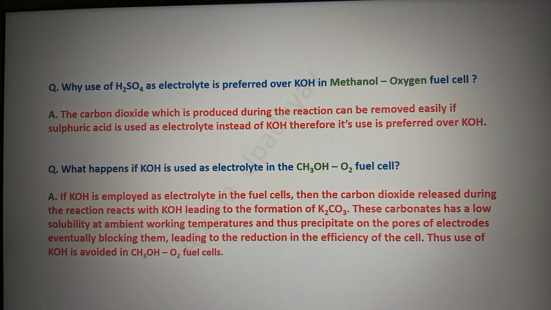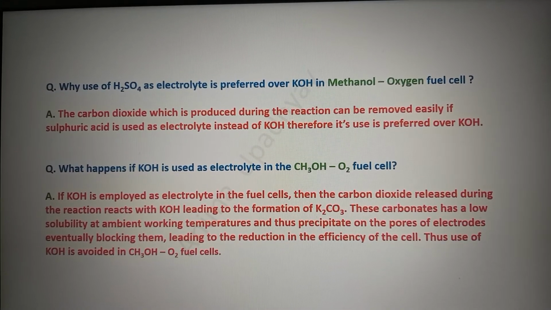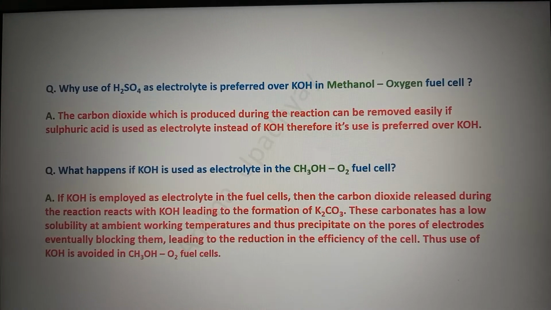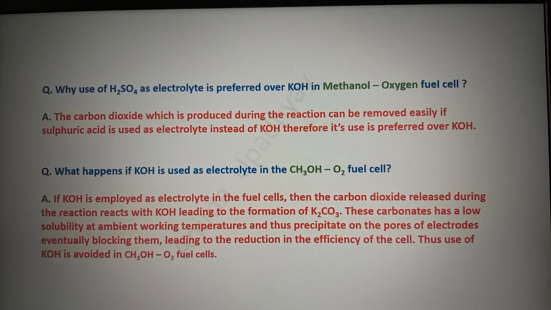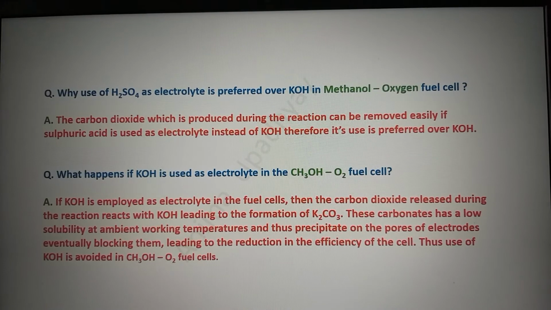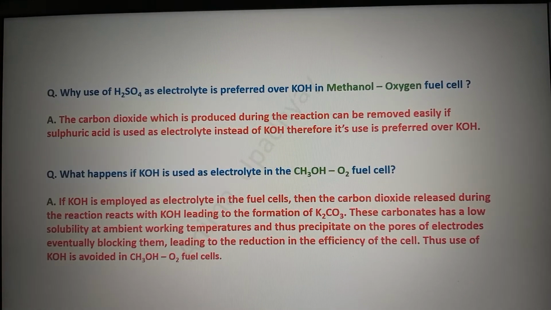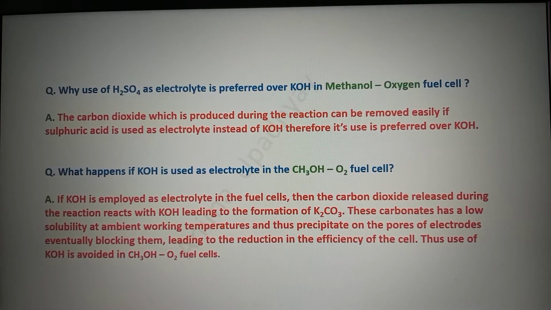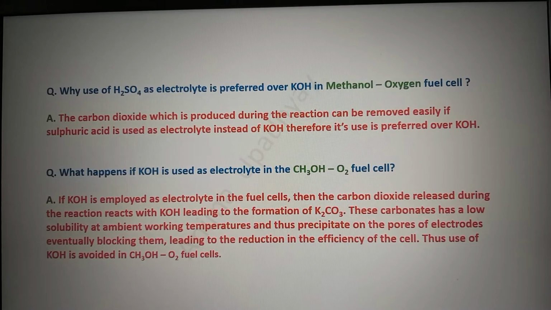This potassium carbonate will get precipitated on the electrodes and will clog the pores of the electrodes, leading to a reduction in the efficiency of the cell. And this is the reason we avoid using potassium hydroxide as electrolyte in the methanol oxygen fuel cells.